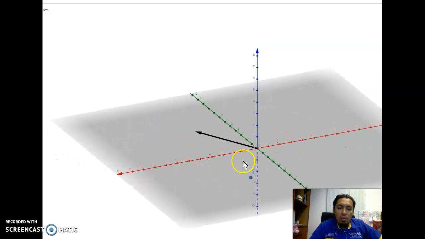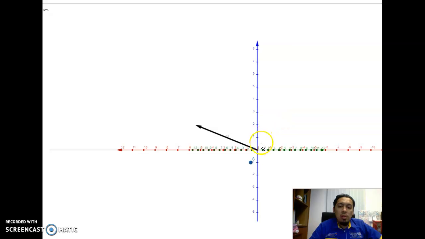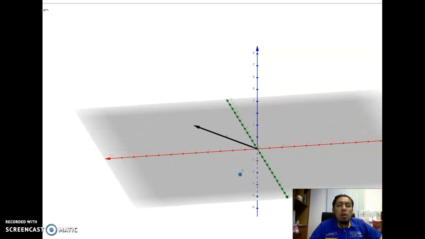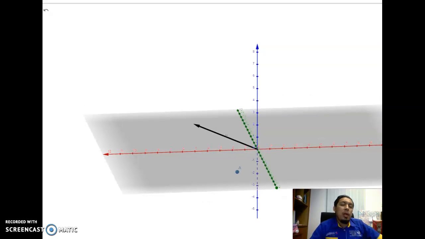So now we have 2 pieces of information: A, this coordinate, and this normal vector pointing out this way. So how can we know which plane we are going to look at by just looking at these 2 things?